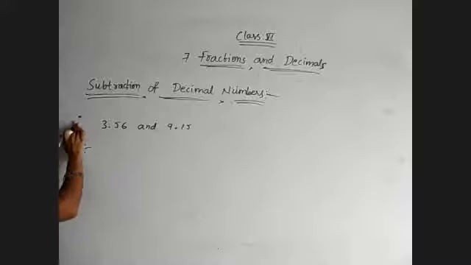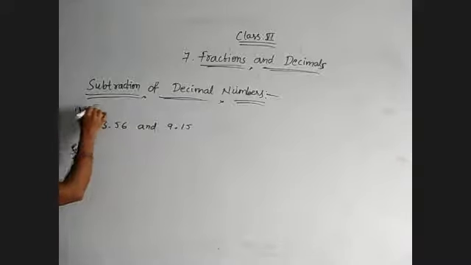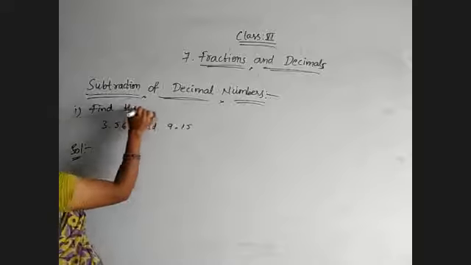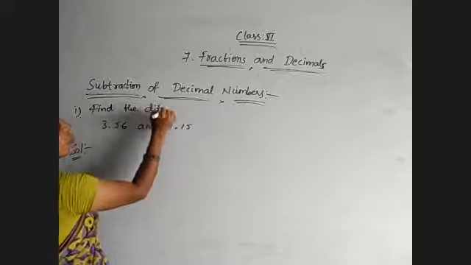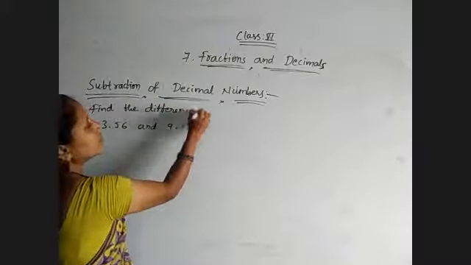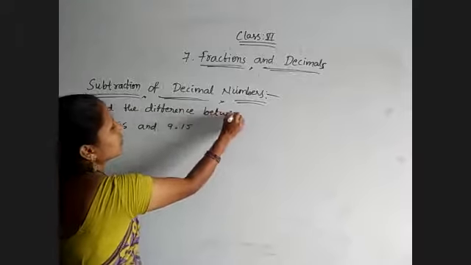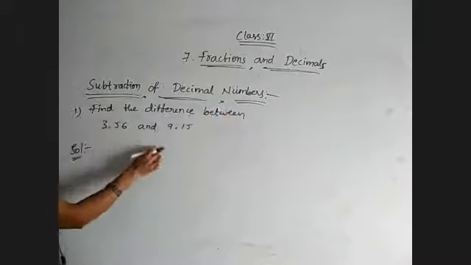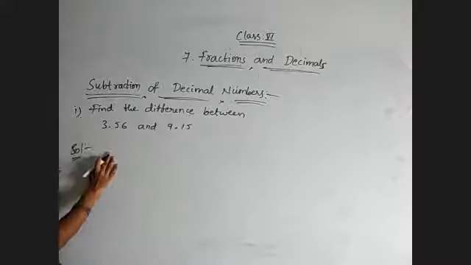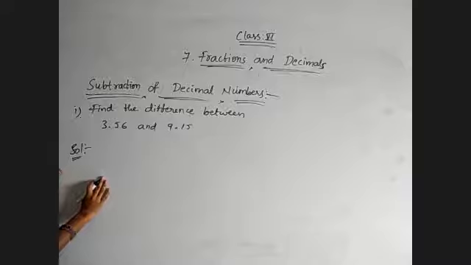Let us finish the complete question. Find the difference between 3.56 and 9.15. In this case, first of all, we must select which one is the bigger number. This is the comparison of numbers.